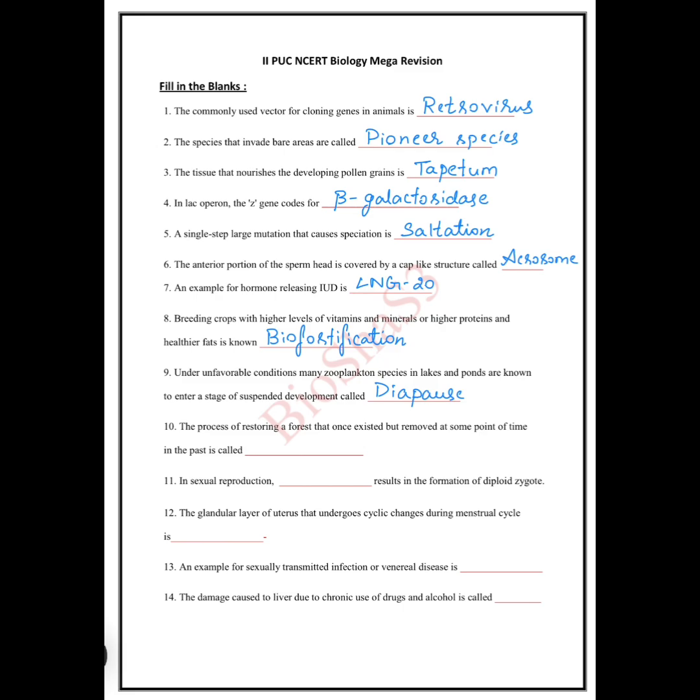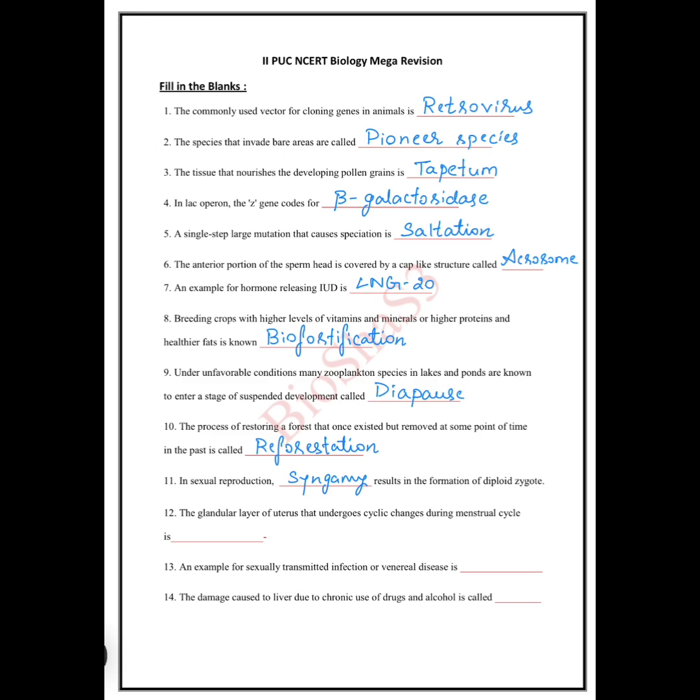The process of restoring a forest that once existed but was removed at some point of time in the past is called reforestation. In sexual reproduction, syngamy results in the formation of diploid zygote.